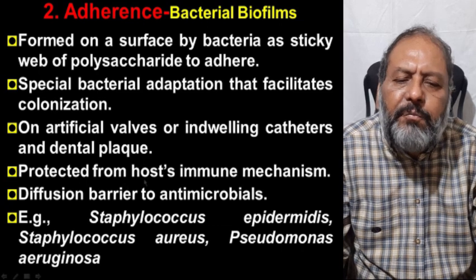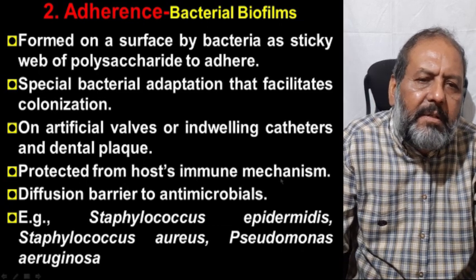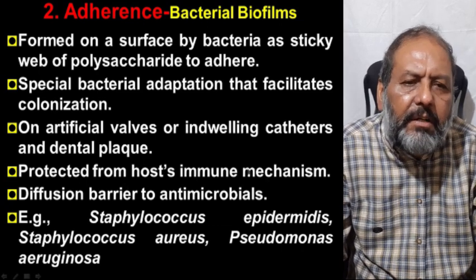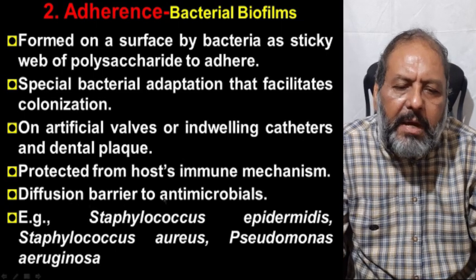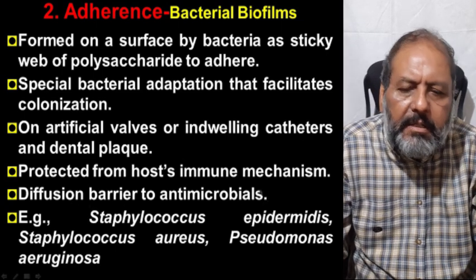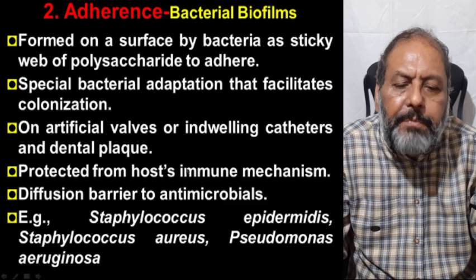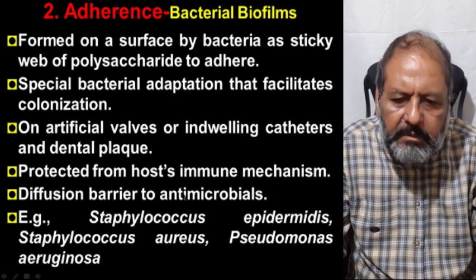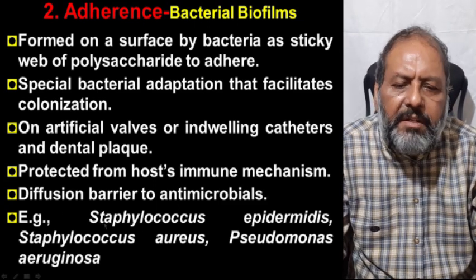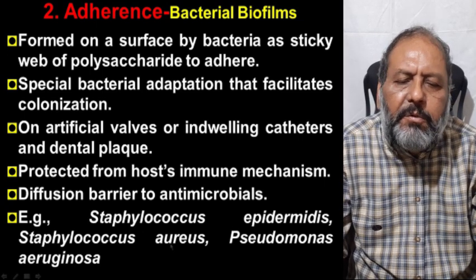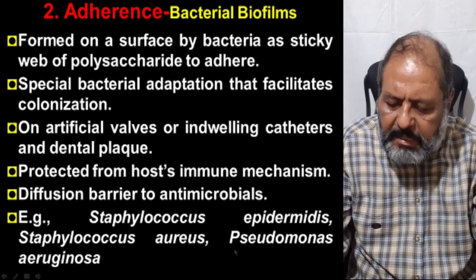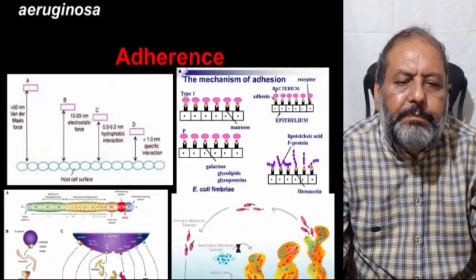It is protected from the host immune mechanism, which cannot engulf that biofilm. It is also a diffusion barrier to the antimicrobials, so these cannot enter into the bacterial body. These are seen in Staphylococcus epidermidis, Staphylococcus aureus, and Pseudomonas aeruginosa.